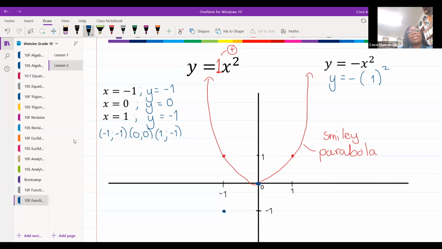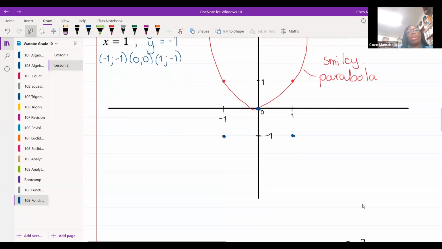And then at x is equal to 1 and y is equal to negative 1, they meet over here. And then all we need to do is connect the dots. There we go. That's it, Imelda. My turning point is at 0, 0.